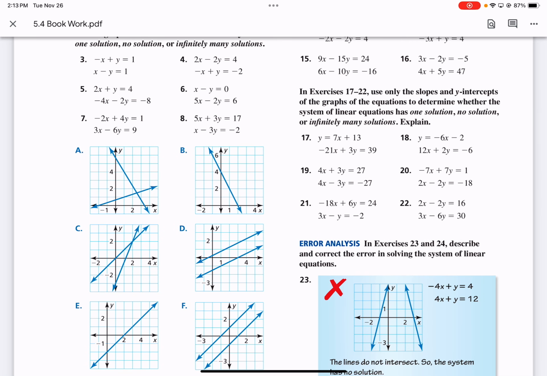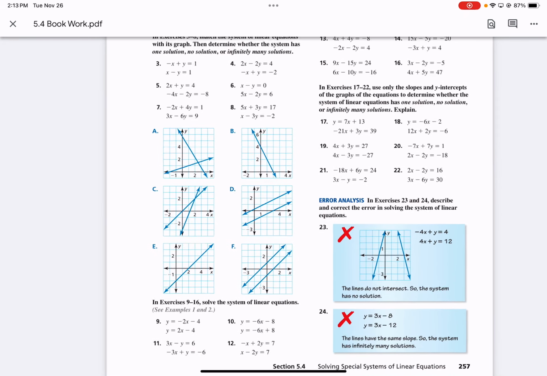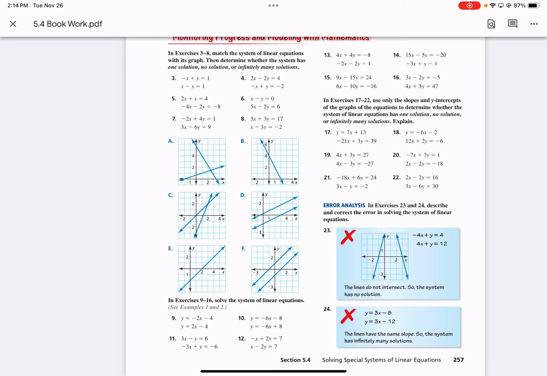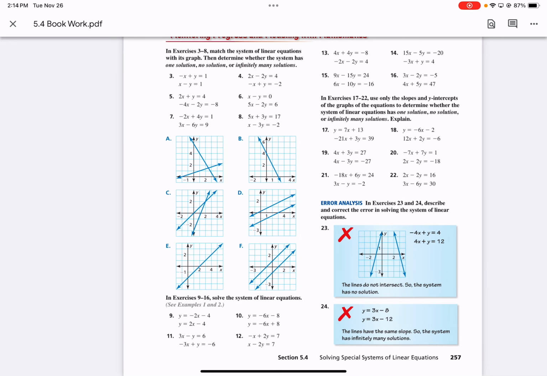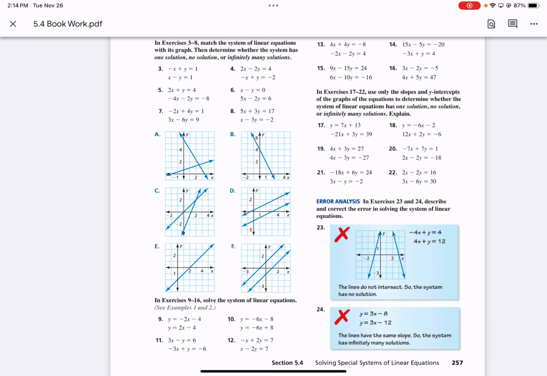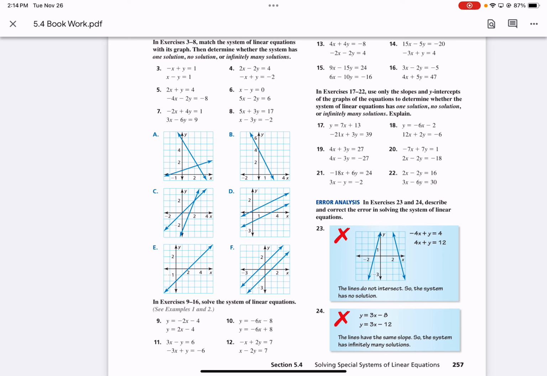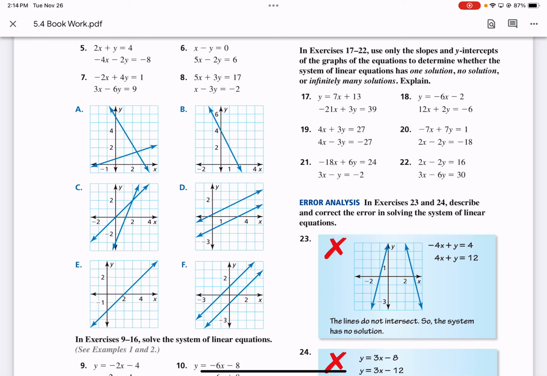5.4, 3 through 8 all, and 9 to 21 odd. So on here, you have 3 through 8 all, and 9 to 21 odd.